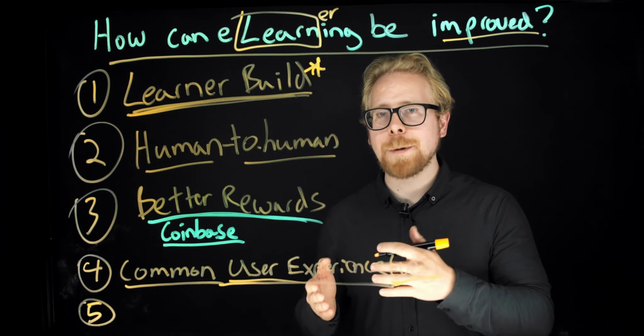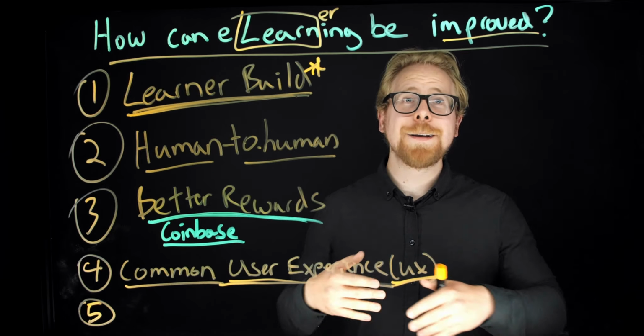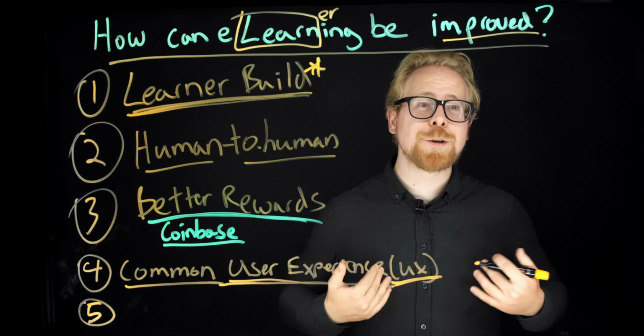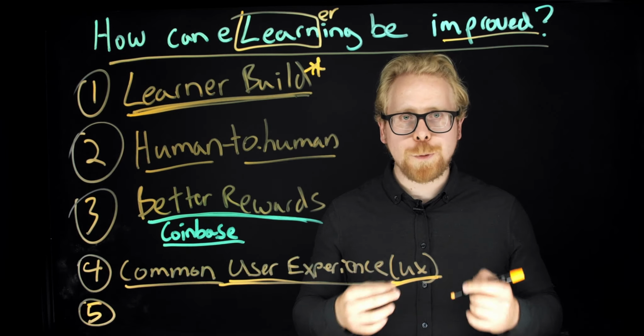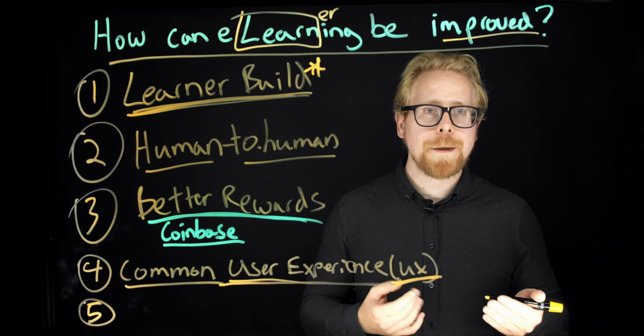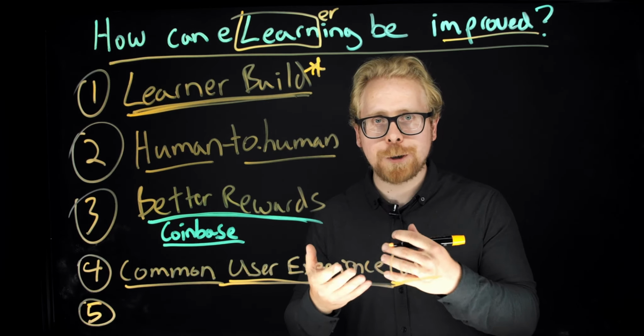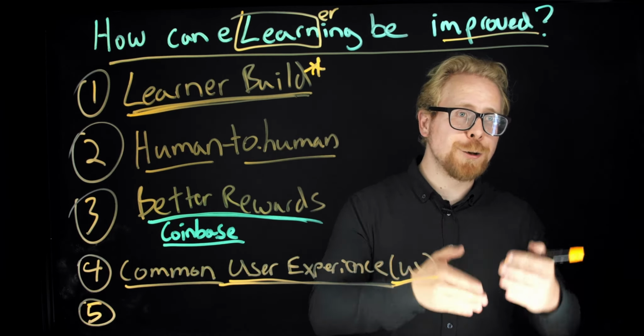You don't want to have to teach them how to use a new type of equipment, a new type of technology, in addition to teaching them what you actually want to teach them. You see why this is so important? It is so important to make the learning experience as easy as possible for the learners, because if you're having to teach your learners how to use the system that you're trying to teach them the important stuff on, you're going to lose them.